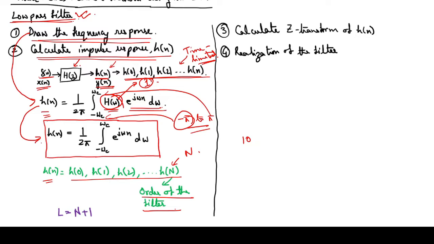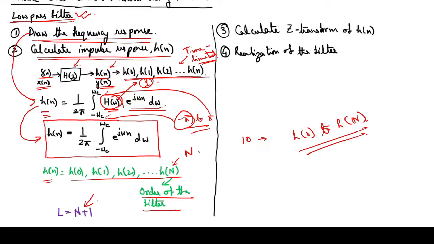Then you have to keep in mind that you have to find the values of h[n] in the region of h[0] to h[N]. In some cases, as I told you in our last class, instead of the order of the filter, you may be given the length of the filter, where length is equal to capital N plus 1.